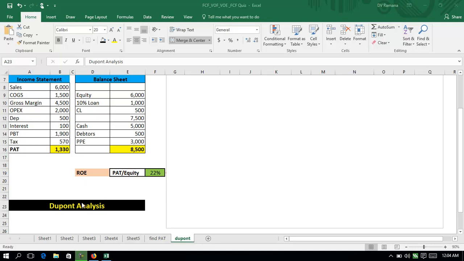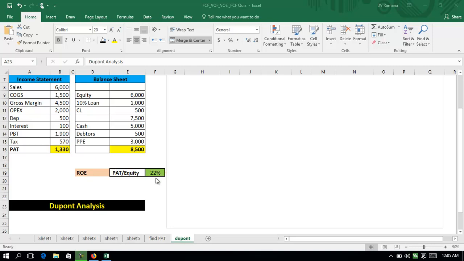The DuPont analysis will help us in understanding the ways to manage the return on equity or any other form of return on investment. In order to do that, the DuPont analysis decomposes the return on equity into the operating decisions, financing decisions, and investment decisions related issues.